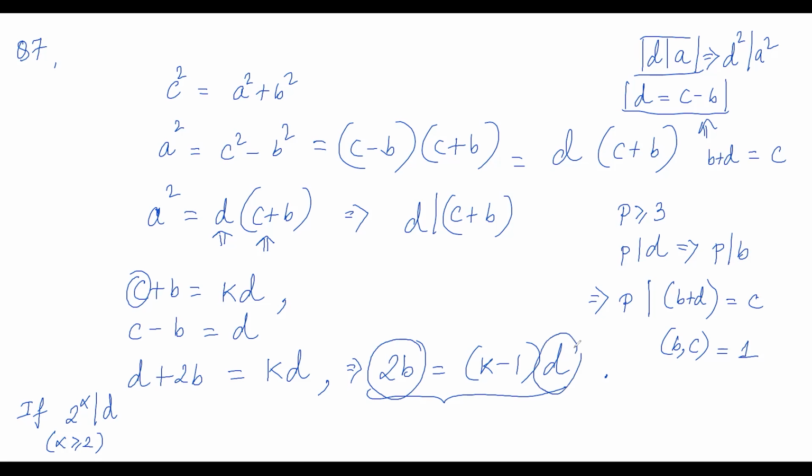And in d you have at least two 2's. And so that tells you that on the left hand side the rest of the 2 should come out from b. And so this implies that 2 divides b. And that implies again, since 2 divides b and 2 divides d, that 2 divides b plus d, which is equal to c. And again that's a contradiction, because the GCD of b and c can only be 1. And so we are done with part A.